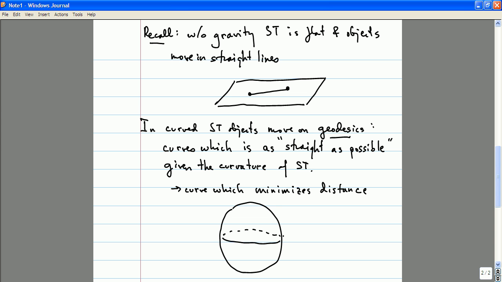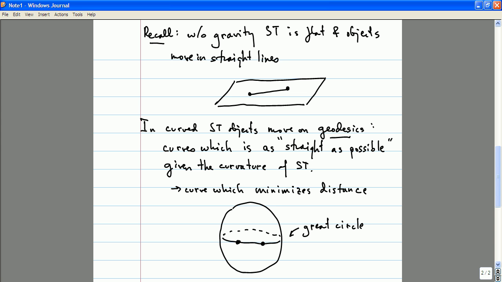And let's say that I want to get between 2 points that are on the equator of the sphere. Then you don't travel on a straight line between those 2 points, at least if you're staying on the surface of the sphere. Instead, what you do is you travel along an arc of a great circle. So on a sphere, the geodesics are great circles.